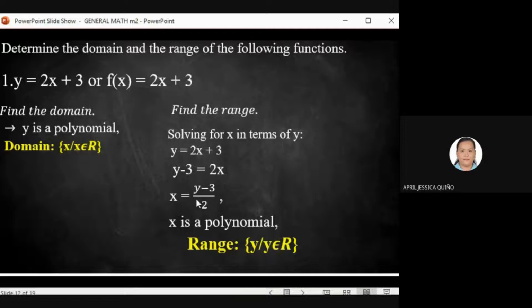So, real numbers, lahat ang pwede nating ilagay sa y as its value, kasi ang value ng x natin ay polynomial. Lagi niyong tatandaan yan: kapag polynomial, ang lalabas na domain at ang range nyo ay set of real numbers. And you need to write it like this in set notation.